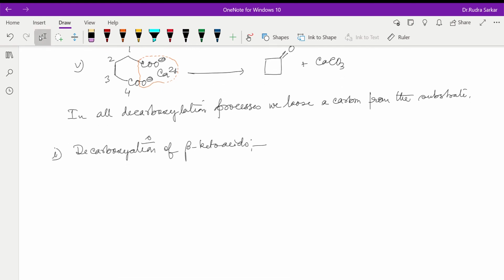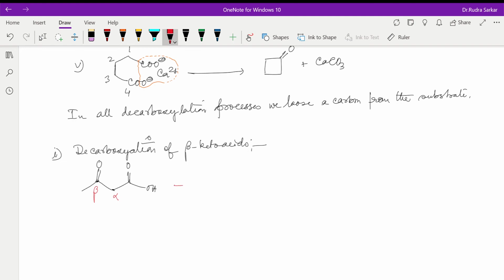Okay. Now the name itself says beta-ketoacid. Now what does it indicate? If you have a acid group, something like that, say this carbon is the alpha position, then this carbon is your beta position. At this position there should be a carbonyl group. So this is your alpha, that is your beta, and such a thing is called beta-ketoacid.